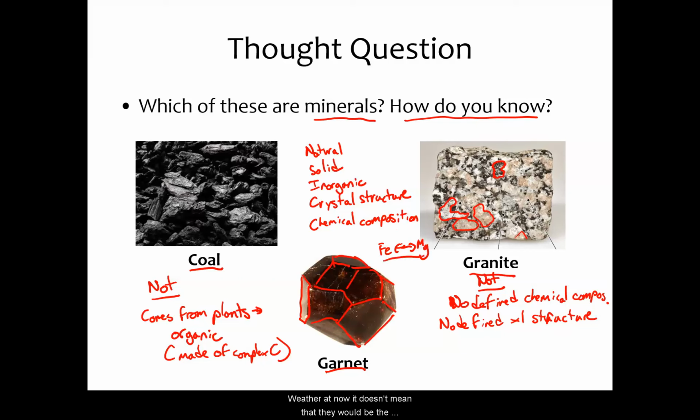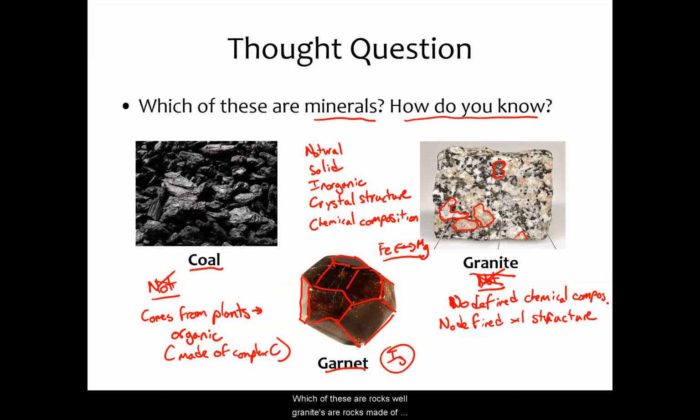So I'll point that out now. It doesn't mean that the minerals always have exactly 100% the same composition, but that we can very easily define the range in which the compositions can change for these things. So garnet is a mineral. That one is, granite's not, coal is not.